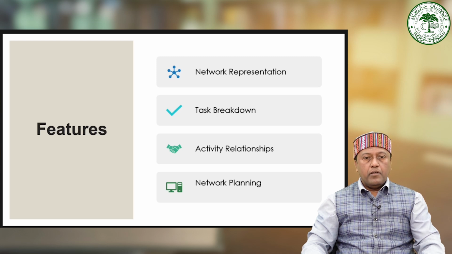Additionally, the time and resources required for each activity are determined. And another feature is network planning. A network diagram is drawn to illustrate the sequence of activities and events. This diagram provides a visual representation of the project structure, dependencies, and critical path.